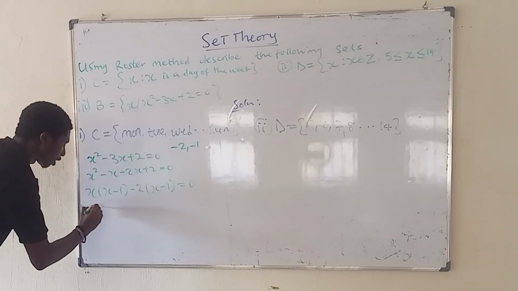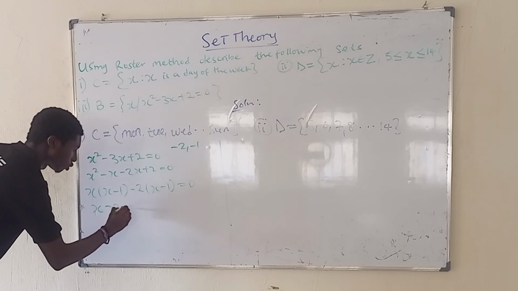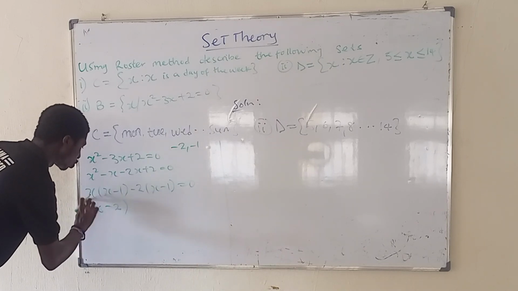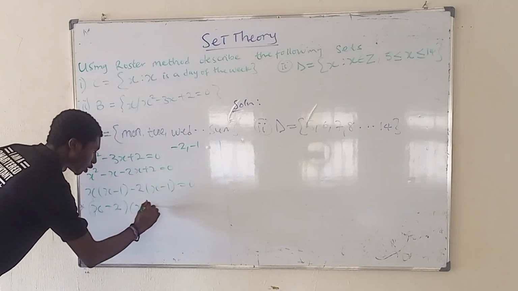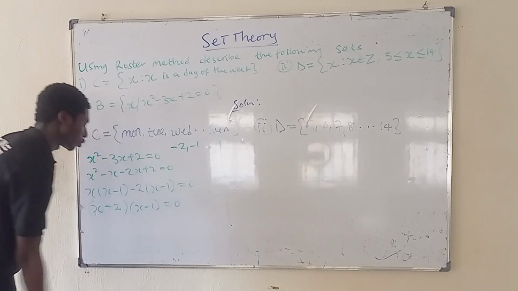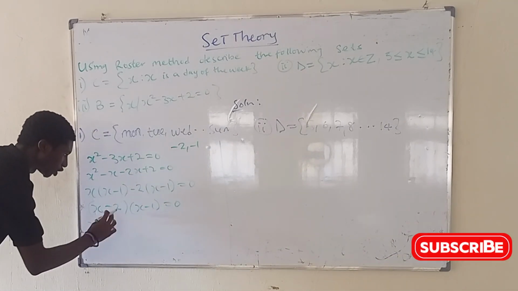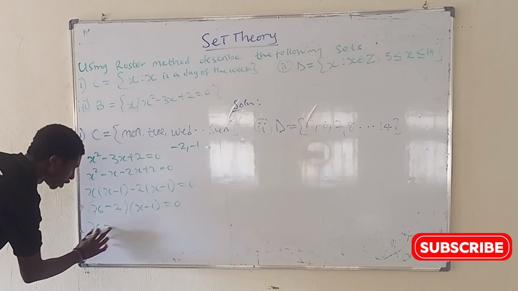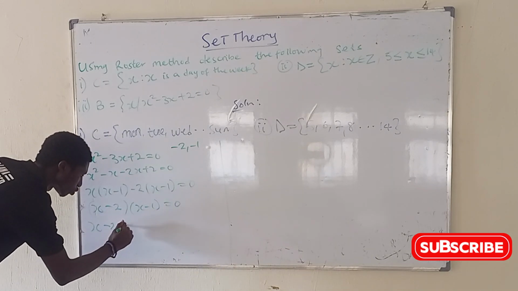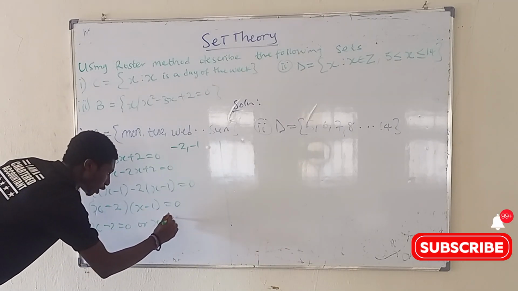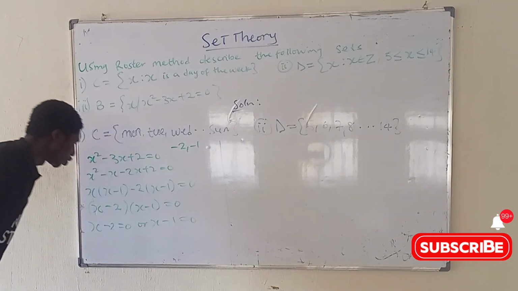So we pick one: we have x minus 2 in brackets and x minus 1 equal to 0. So x will be equal to what? Either x minus 2 equal to 0, or x minus 1 equal to 0.